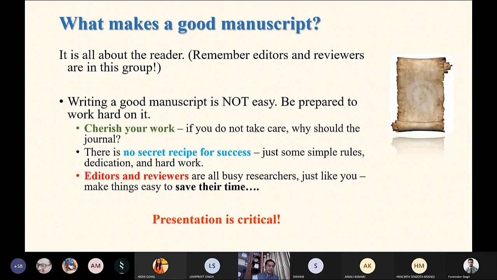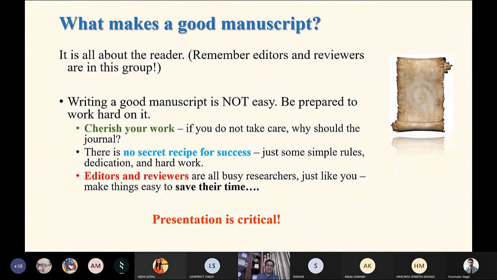If we are not able to enjoy the research, if we are not able to cherish our work, then how can we expect that the readers, once our paper has been published, will cherish and enjoy the work? So I would suggest that we have to enjoy the research journey, and there is no secret for research publication.